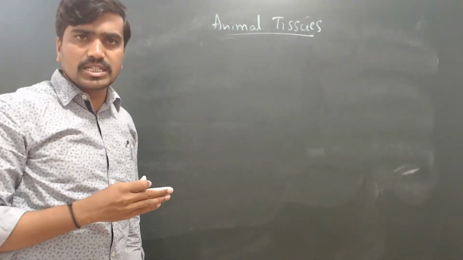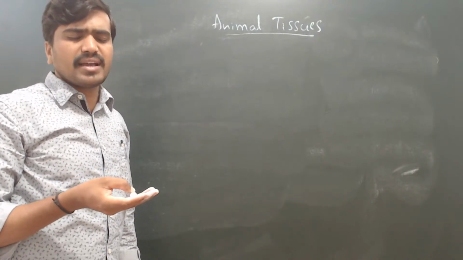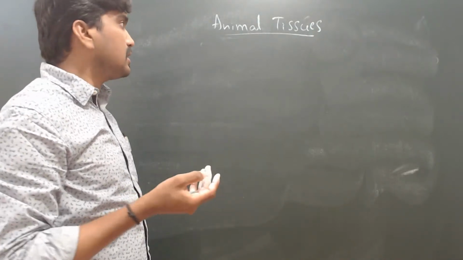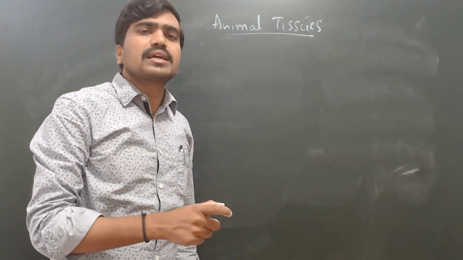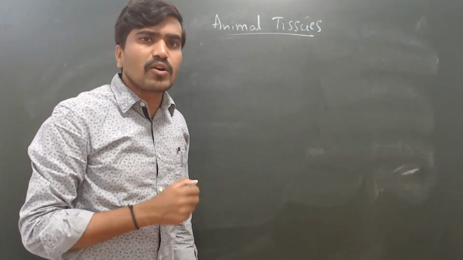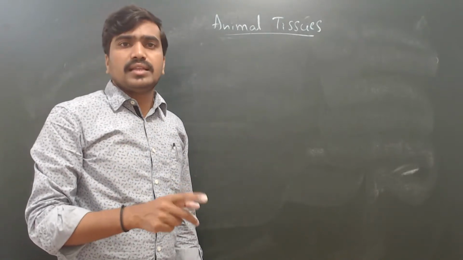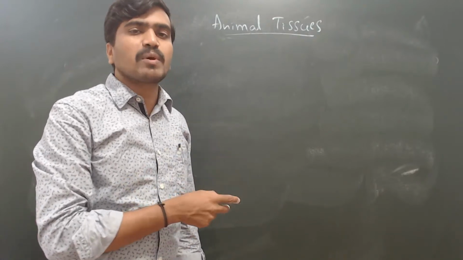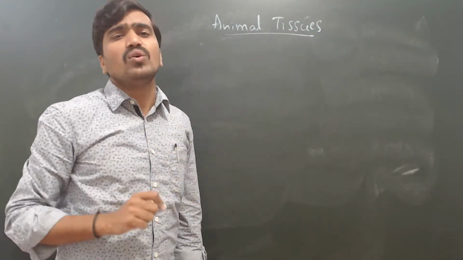The first part is about plant tissues, meristematic as well as permanent. Meristematic again has apical, lateral, and intercalary types, and permanent has two types. Which two types? One is called simple permanent, another is called complex permanent. In simple permanent, there are three types: parenchyma, collenchyma, sclerenchyma. In complex permanent, only two types: xylem and phloem.